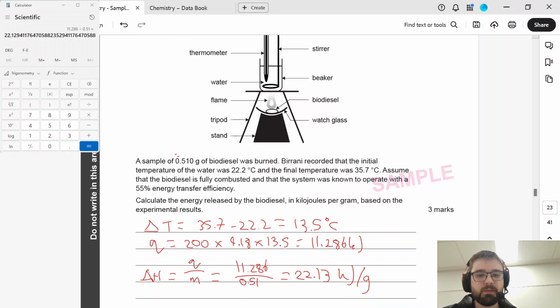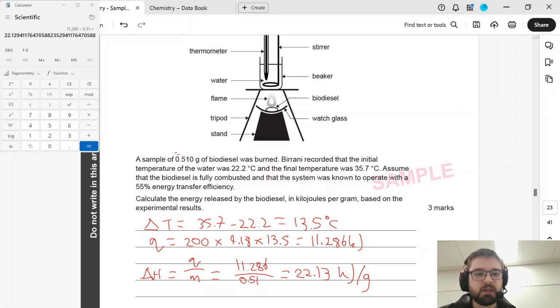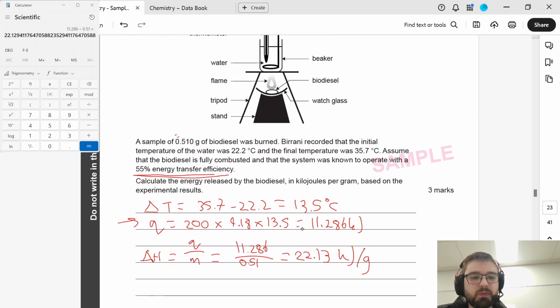And the one thing that I haven't done, which is that third mark, is factor in the 55% energy transfer efficiency. You could have done this before, and basically divided by the 55%. I can just do it now as well.